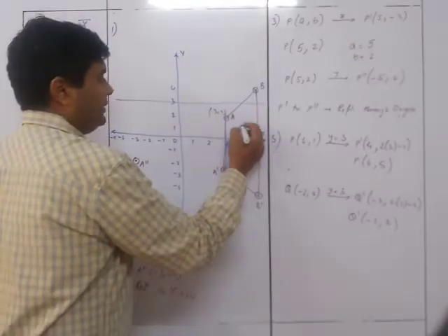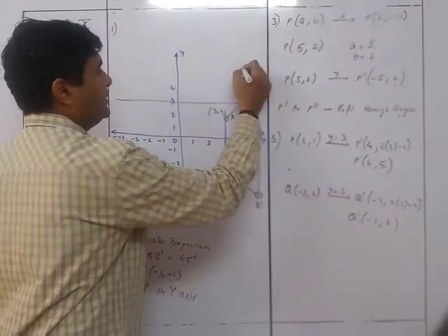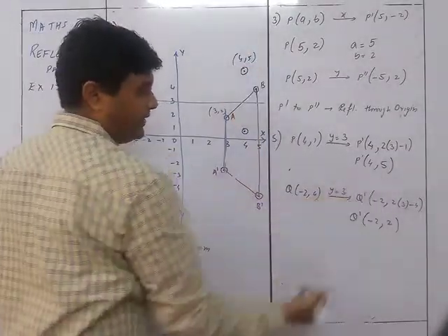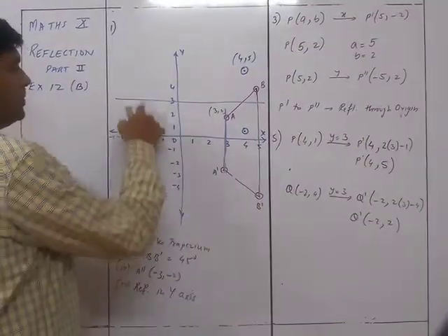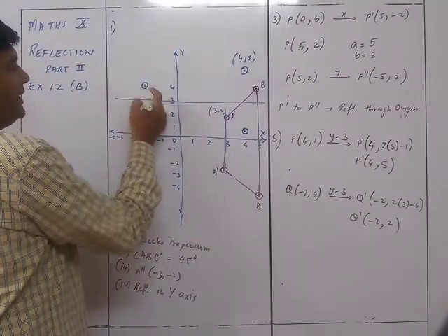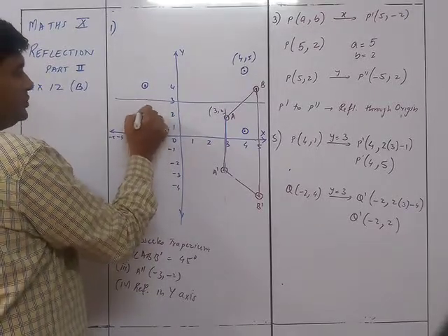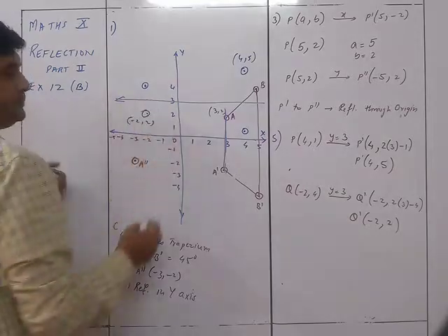The point is 2 units below, so it will be over here, that is (4, 5). Then the other point was (-2, 4), reflected by this line, so it will be 1 unit over here, so this is going to be (-2, 2). Perfectly right.